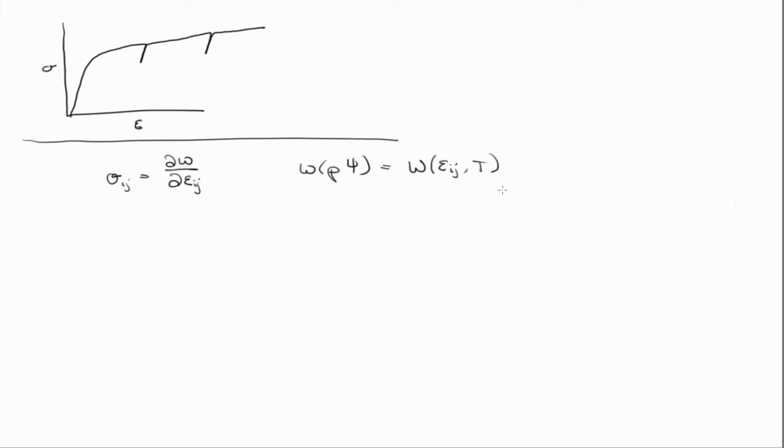And we also had temperature there, okay? So if we look at one of these plastic stress strain curves, and I'm saying the stress is a function of the strain and the temperature, what about the experiments?